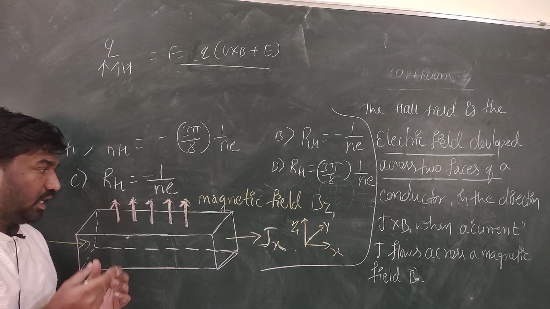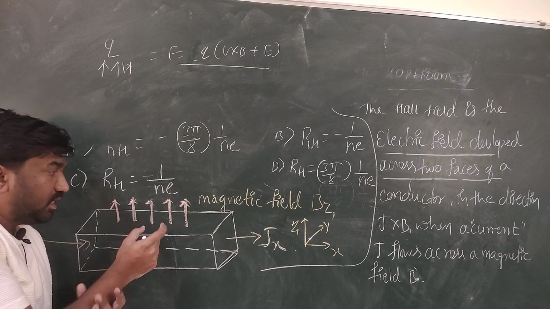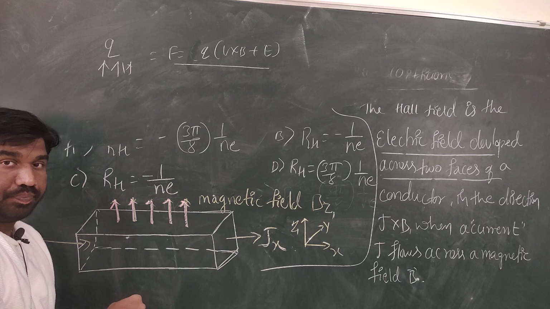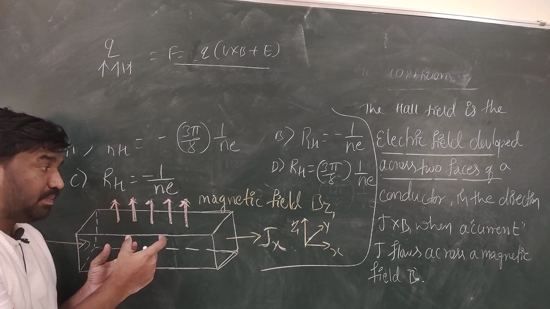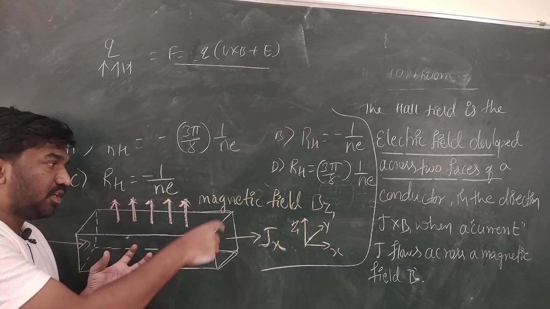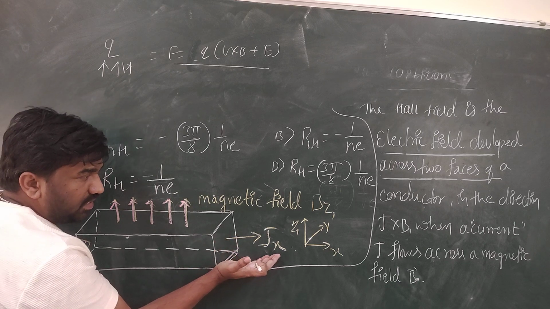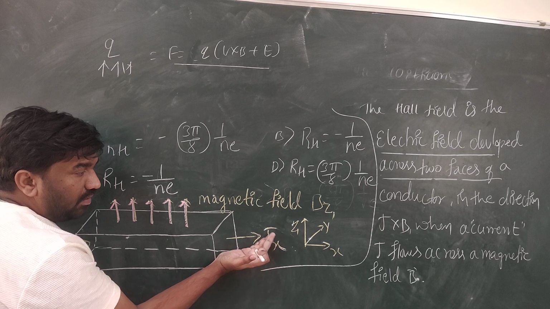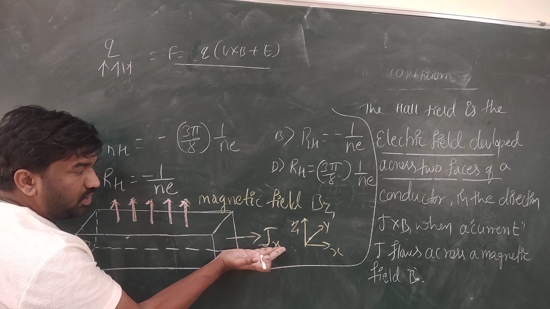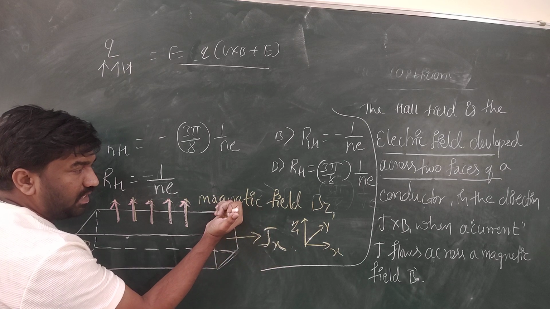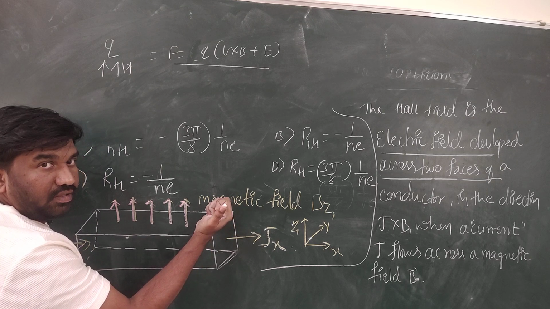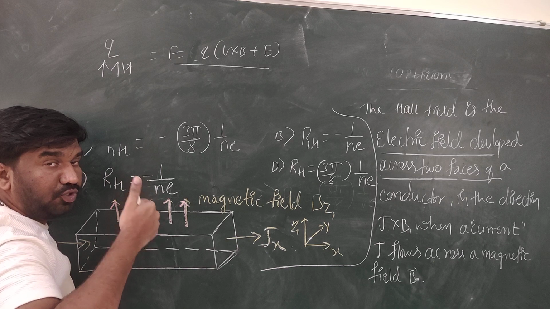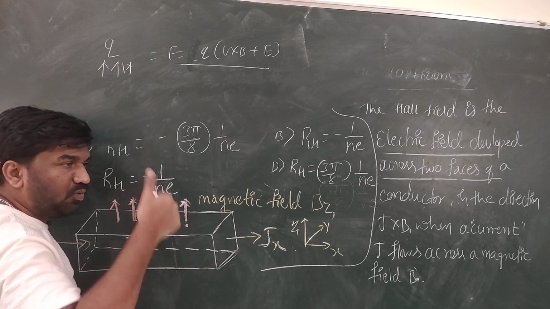If this is the magnetic field and this is the current, if the current is along the x axis and the magnetic field is along the z axis, in J cross B, J is the x axis and B is the z axis. Then the resultant field developed in the specimen is in the y direction.